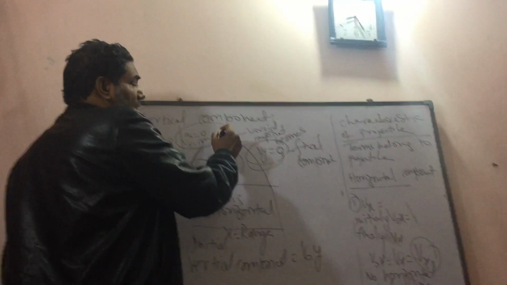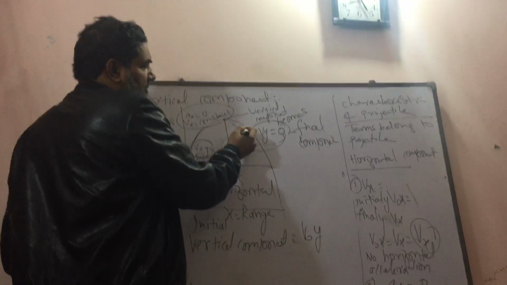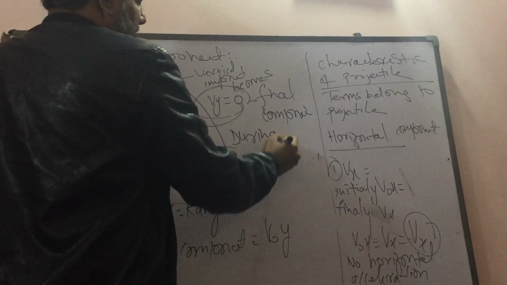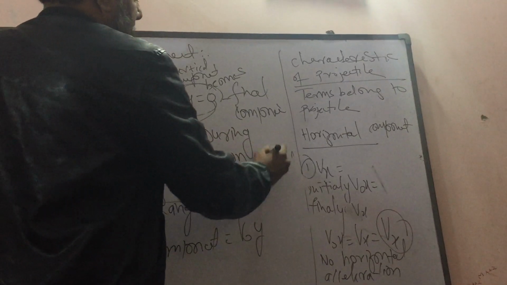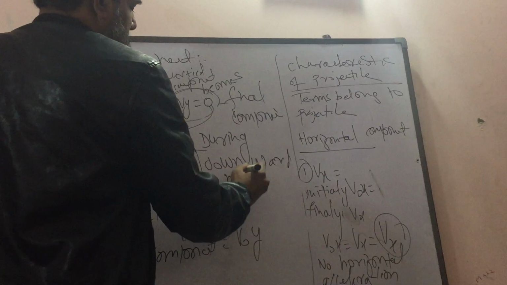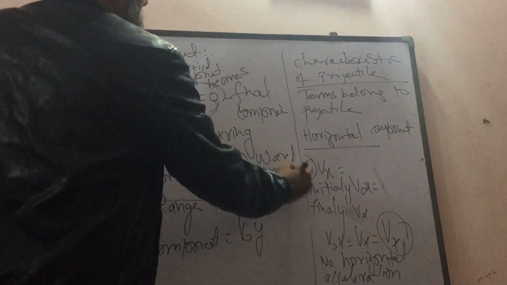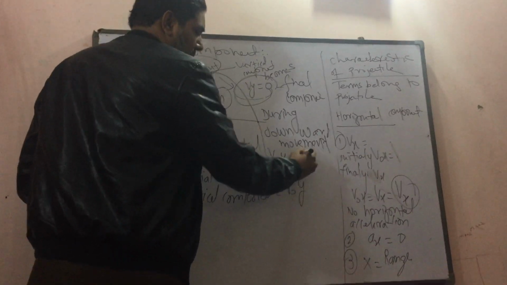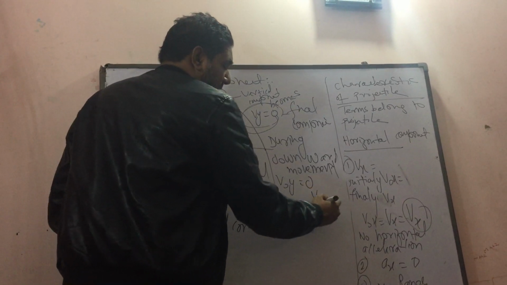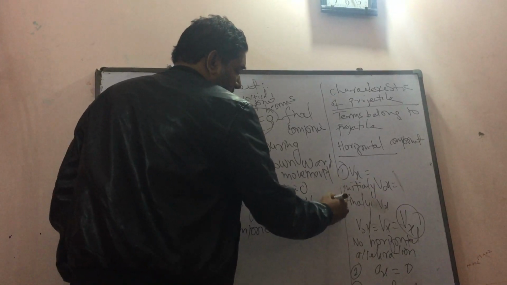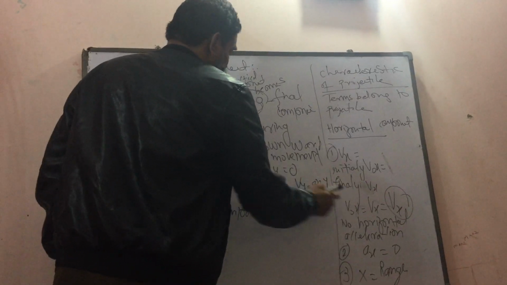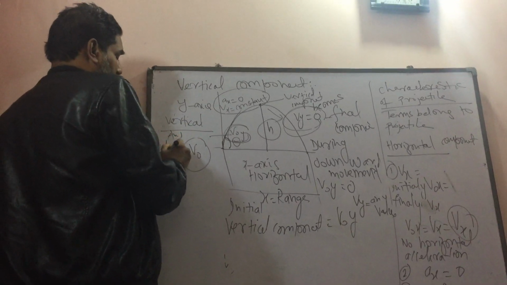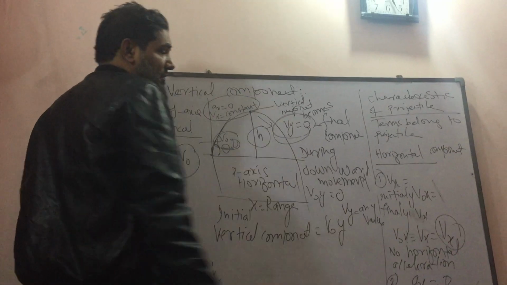When the object starts its downward movement, the initial vertical component of velocity is 0, and the final vertical component can have any value. Just like here the initial component has a value but the final component is 0.